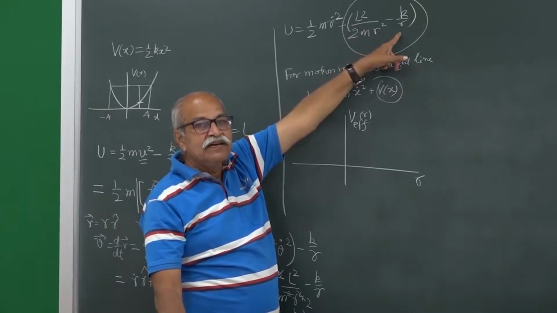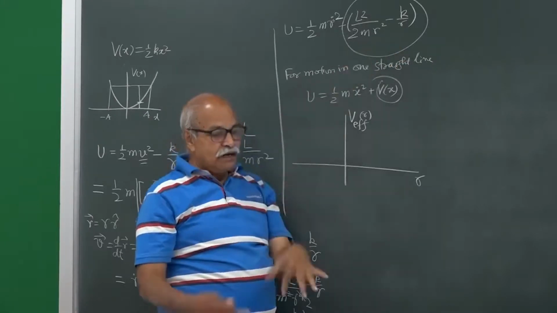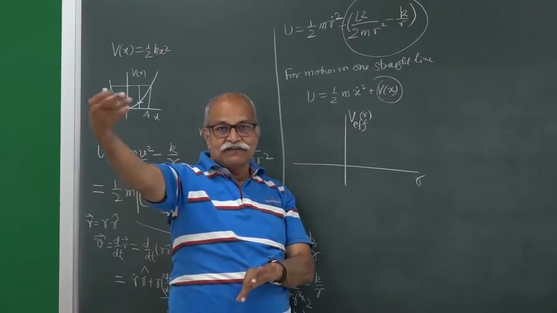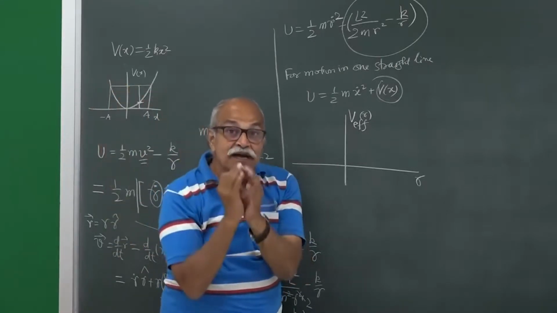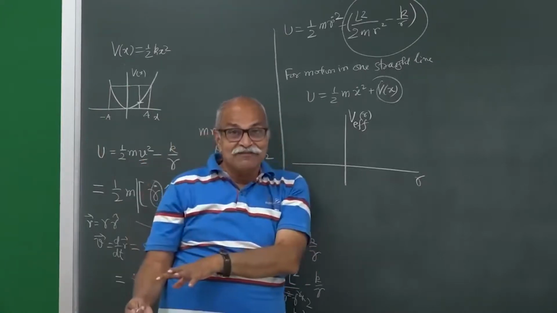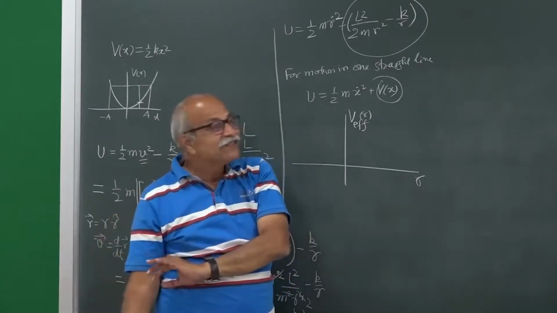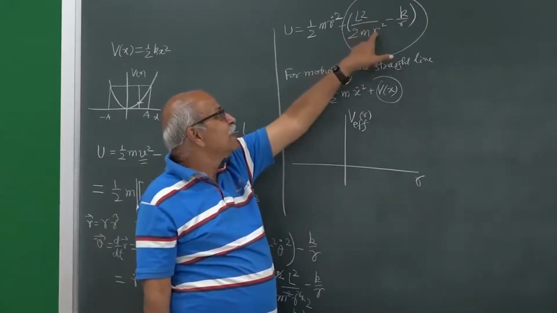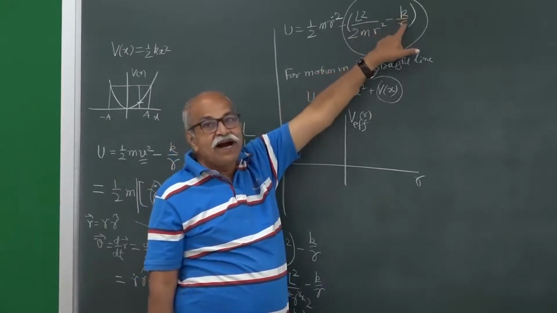If r is very small, much smaller than 1, then 1 by r becomes very large, and 1 by r into 1 by r will be even larger. So, this 1 by r square term will dominate over the 1 by r term.